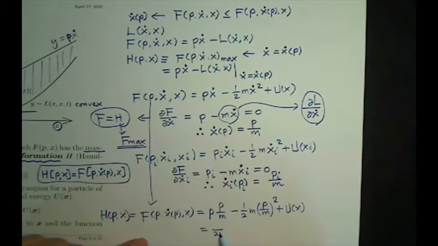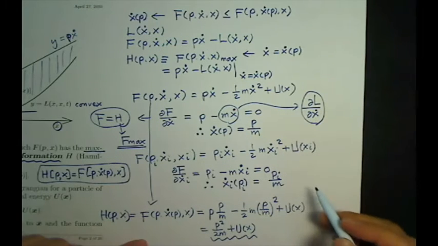Therefore, p squared over 2m plus U of x. This is the final result for the Legendre transformation of the one-dimensional motion of a particle under a conservative force.